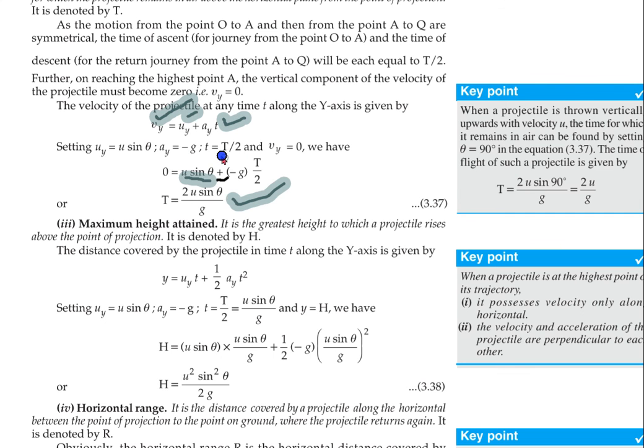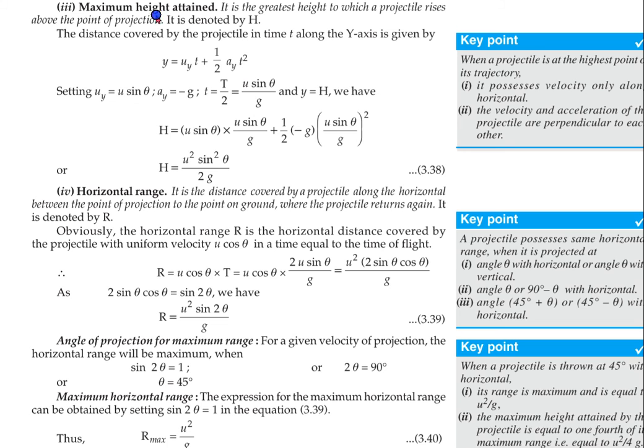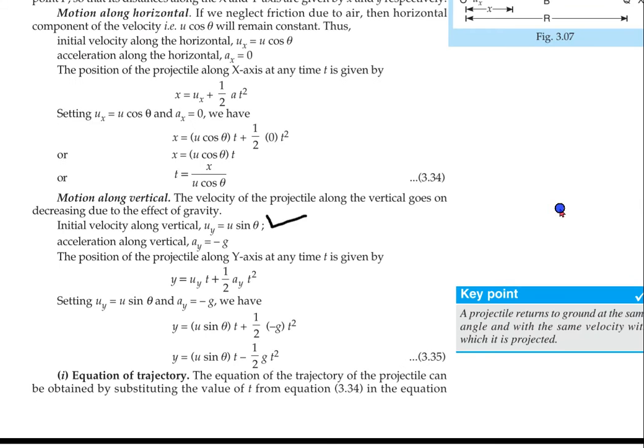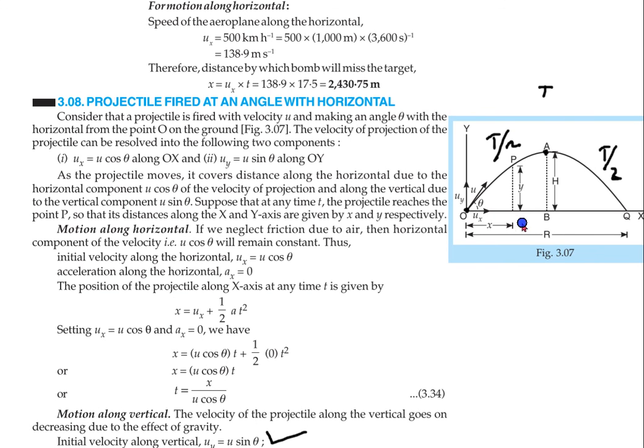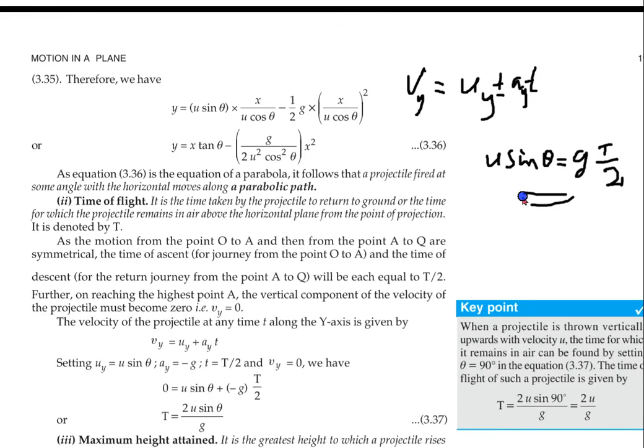Time of flight and maximum height attained, reached by the particle. The height is in the Y direction, not X. X is horizontal, just the ground, so we'll consider the y-axis.